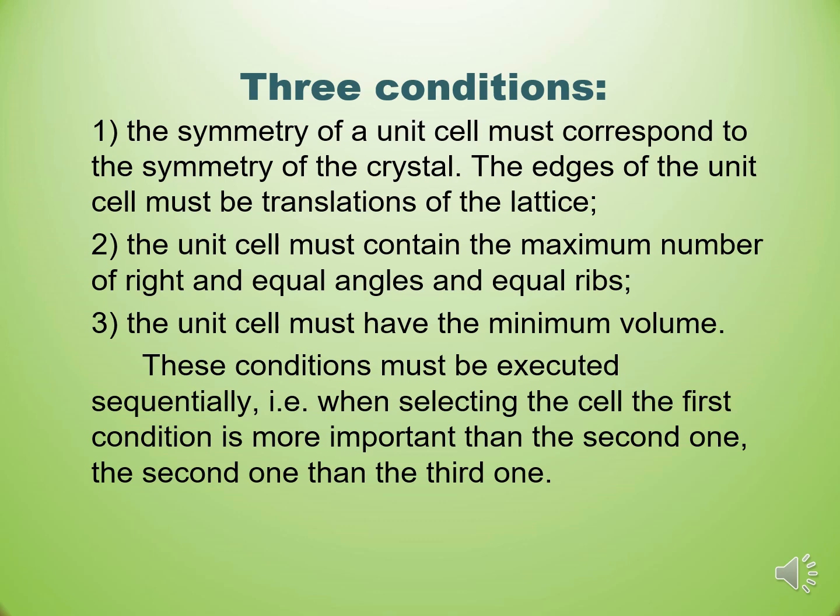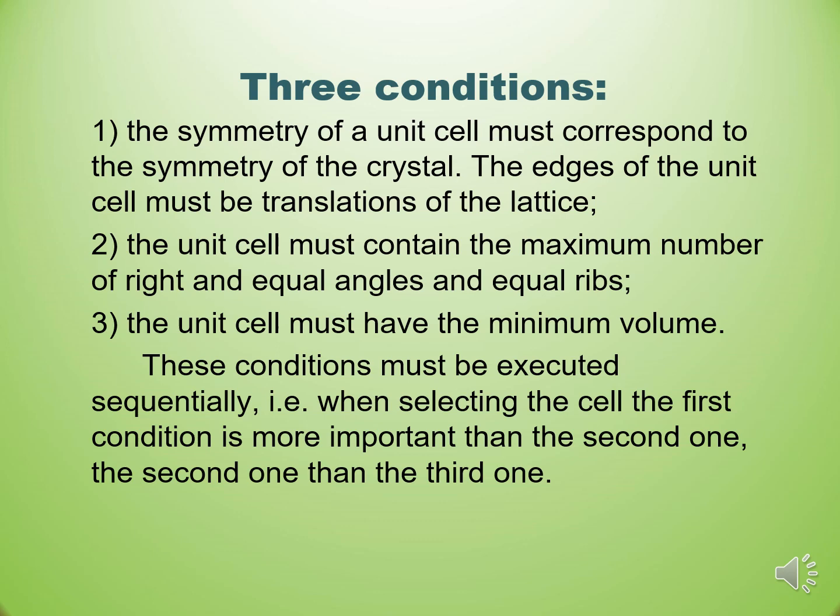To select a Bravais lattice, three conditions are used. First, the symmetry of a unit cell must correspond to the symmetry of the crystal. The edges of the unit cell must be translations of the lattice. The second, the unit cell must contain the maximum number of right and equal angles and equal ribs.